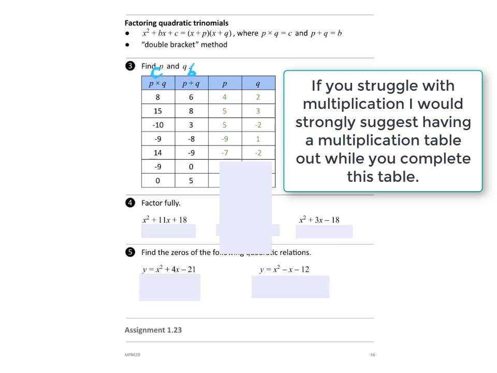Next example, we have negative 9, but it adds to 0. Well, this is a little tricky. The factors for negative 9, or for 9, are 1, 3, and 9. What adds together, one's positive, one's negative, to get you 0? 1 and 9 don't add together to get you 0.